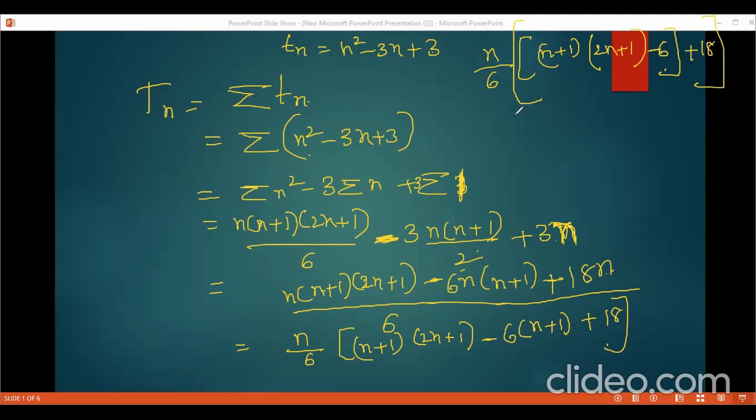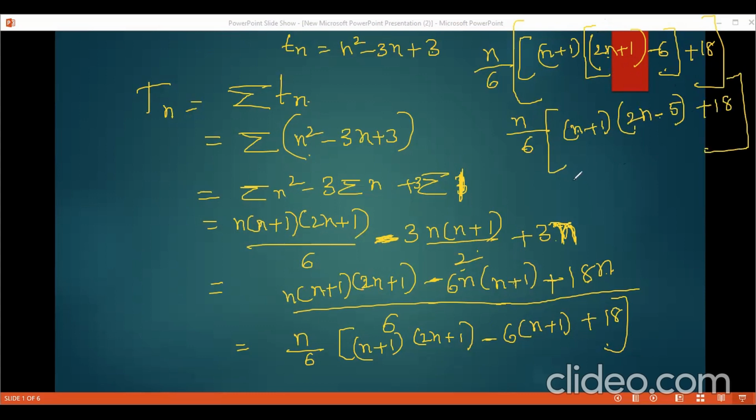Now n by 6 into, so for this you put this small bracket. What do you get now? Here (n plus 1) into (2n plus 1) minus 6, that is 2n minus 5, for this plus 18.